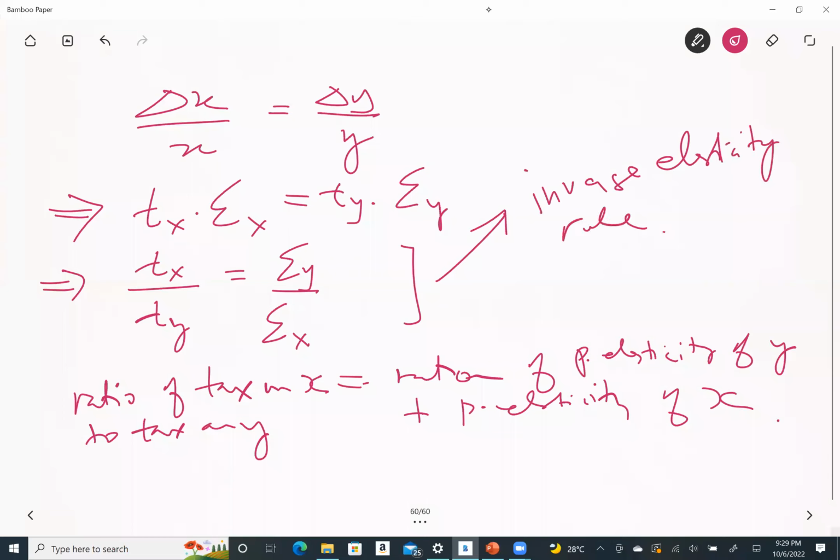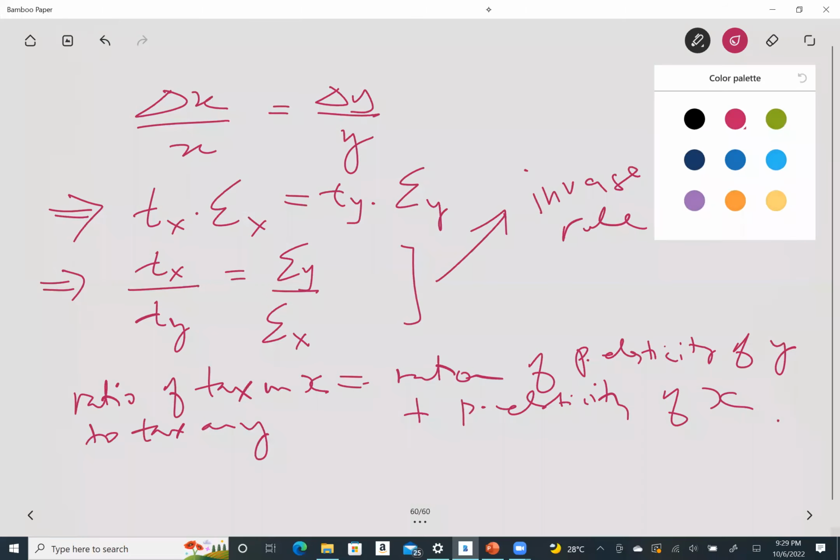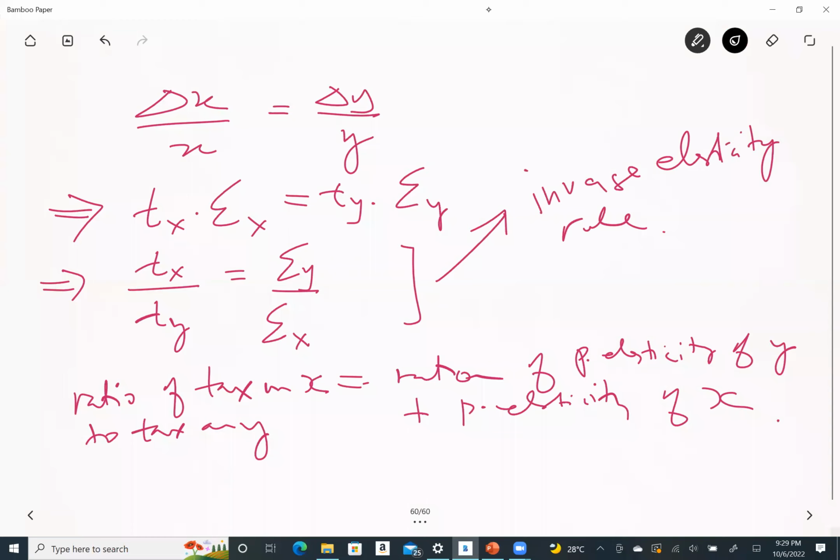Now, example. If you look at an example, we can get the idea better. For example, let's say the price elasticity of demand of Y is equal to -3, and the price elasticity of demand for X is equal to -1.